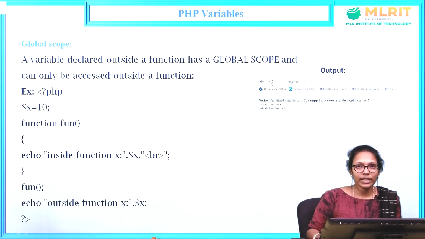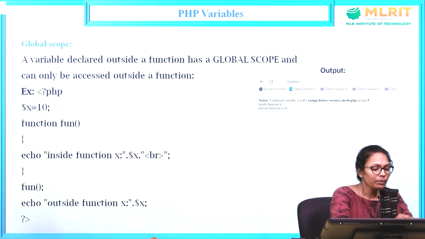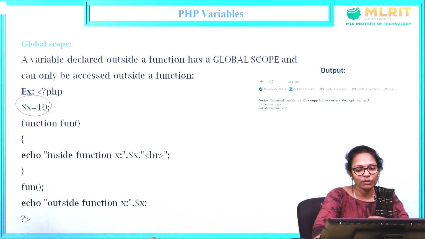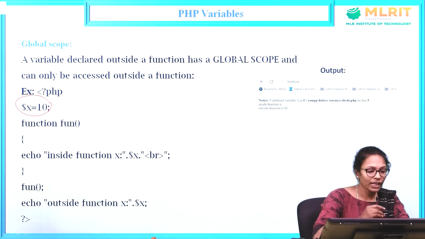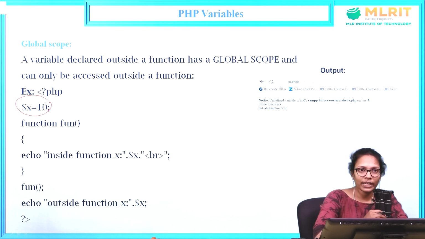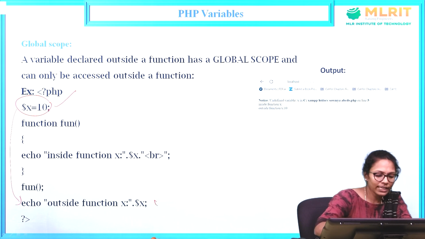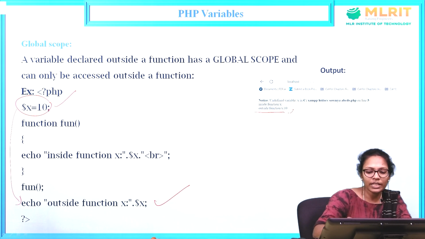Coming to the second one, global scope. Here, I'm declaring this variable globally, so $x is equal to 10. Generally, we know if it is global, I can access it within the function and outside the function. But here, the function doesn't know which variables you are declaring globally. So outside the function, yes, you can access it; see, outside the function, x is 10.